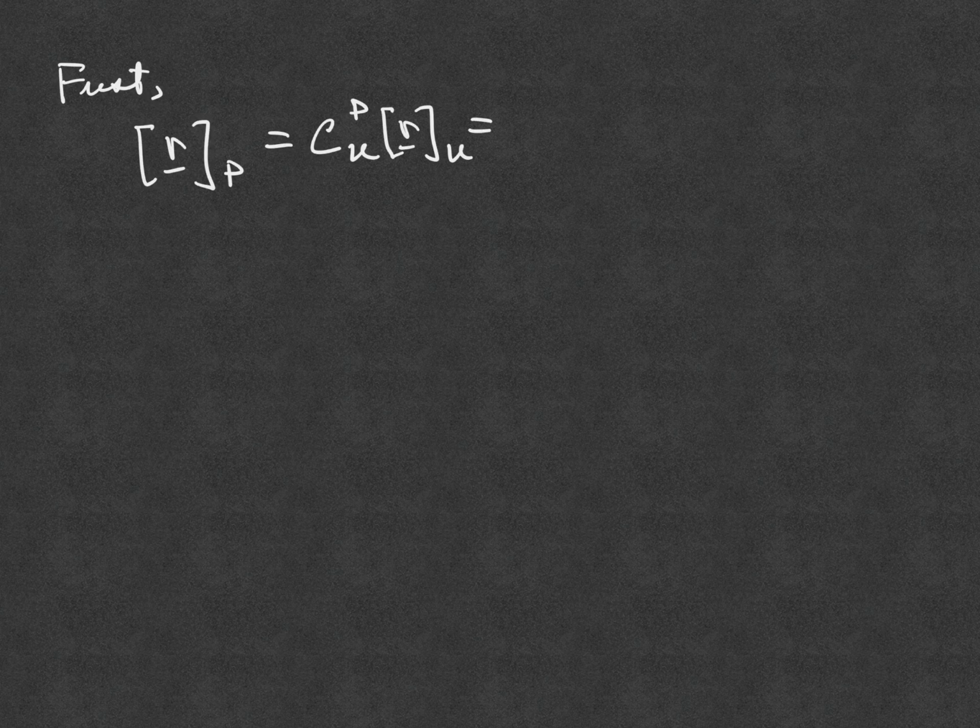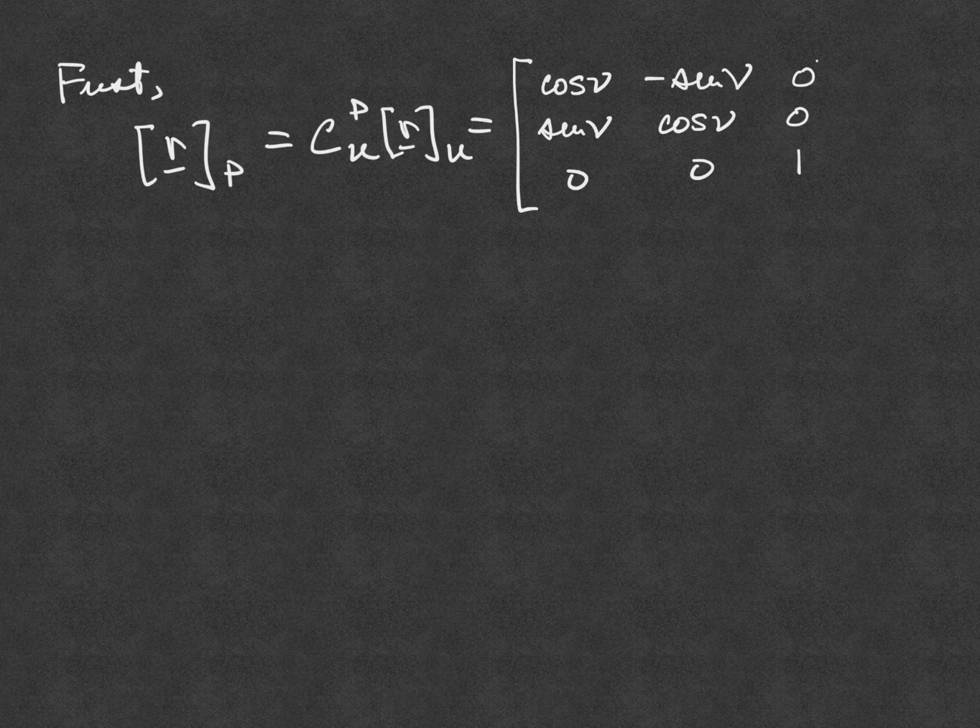So first, r expressed in p is equal to C u to p times r expressed in u, which is equal to the matrix cosine of nu, sine of nu, 0, minus the sine of nu, cosine of nu, 0, 0, 0, 1, times r, 0, 0.